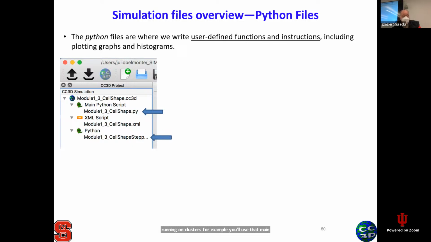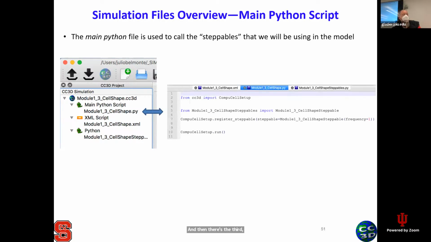But typically that main Python script is what's sequencing the calls to the various solvers, and that's typically built for you automatically. You don't have to deal with it. And then there's a third file, which is called Python steppables, and that one we're going to be using a lot.